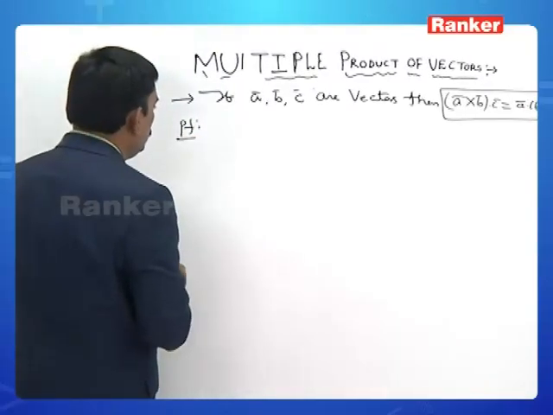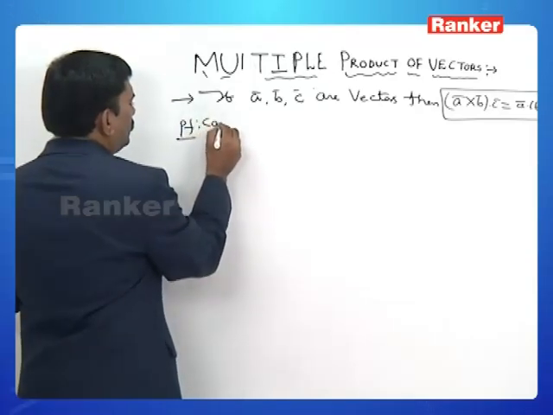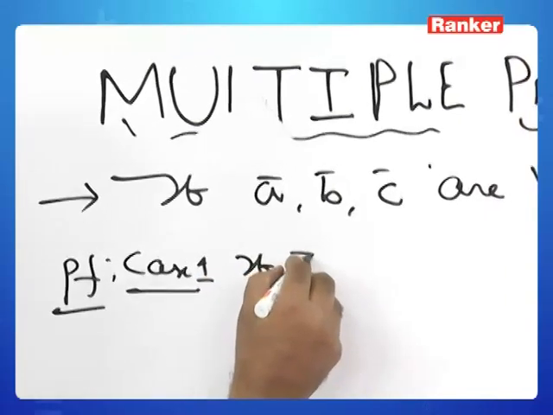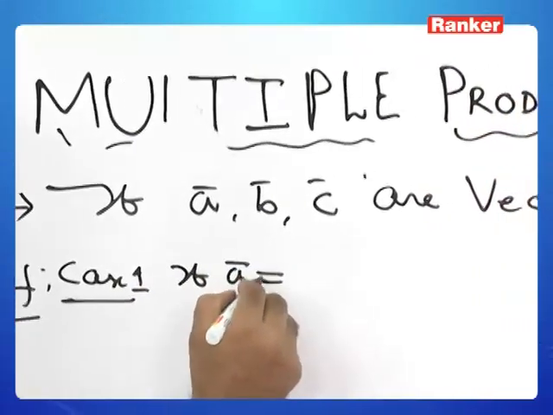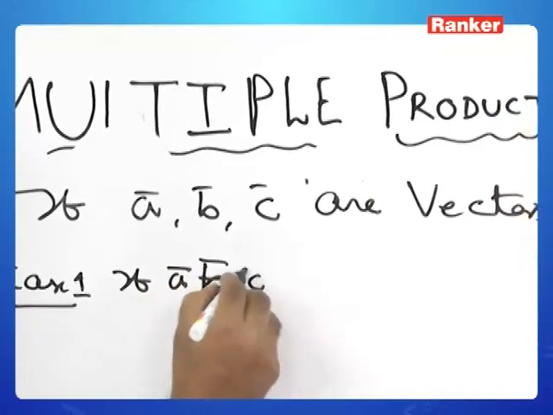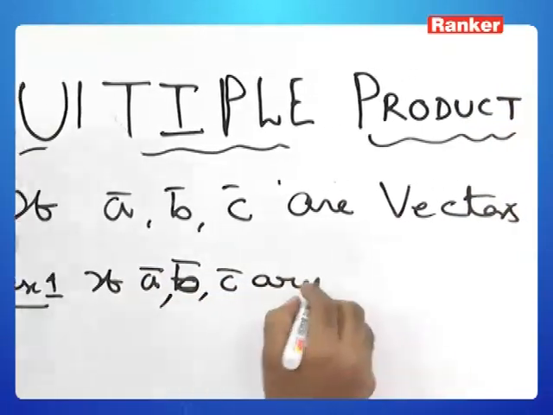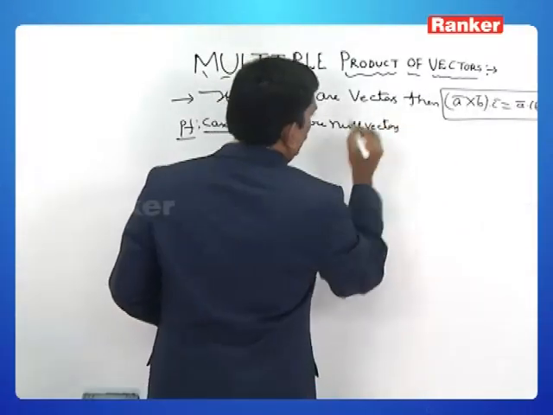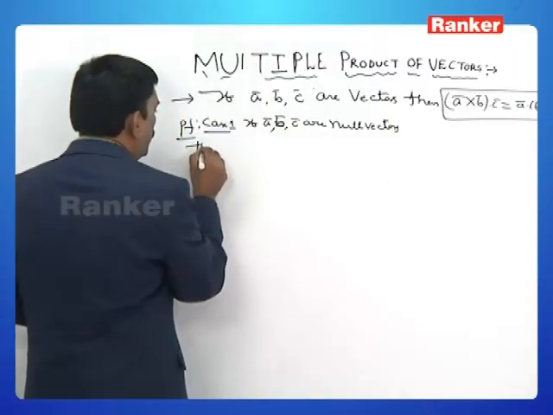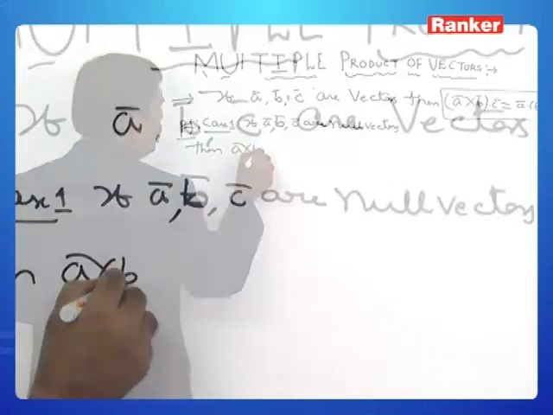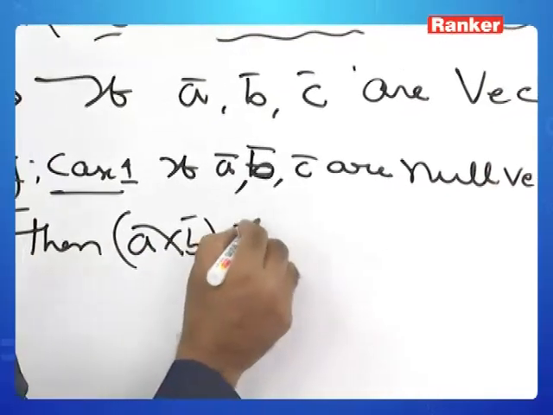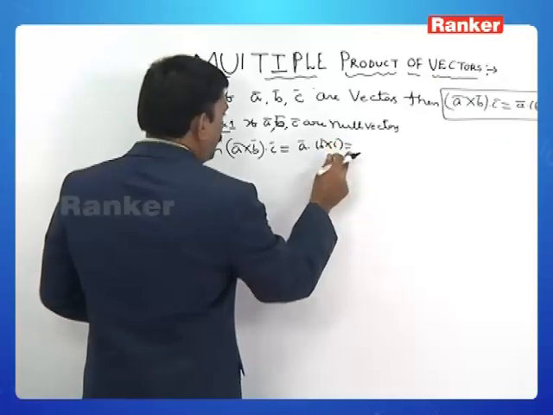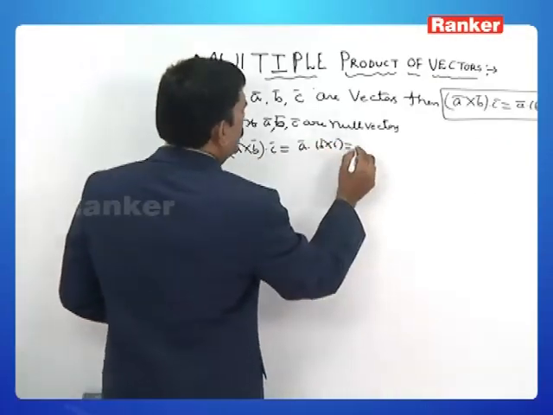Now, case 1. If A bar is equal to 0, or if A bar, B bar, C bar are null vectors, then A cross B is a null vector, so A cross B dot C bar is equal to 0. A dot of B cross C is also 0.